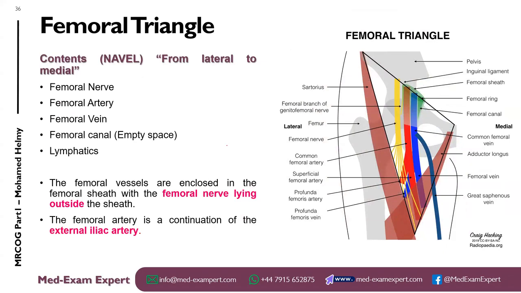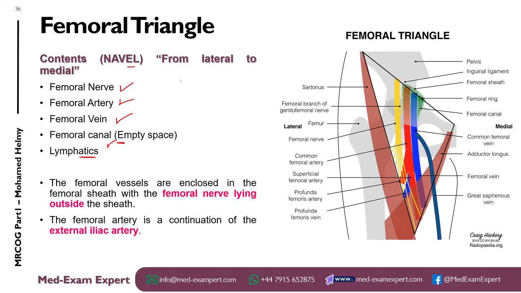So what are the contents of the femoral triangle? The contents of the femoral triangle, we call it NAVEL, from lateral to medial. From lateral to medial, we have the nerve, the artery, the vein, and the empty space, the femoral canal. We call it E because it's actually an empty space, just containing lymph nodes and lymphatics.